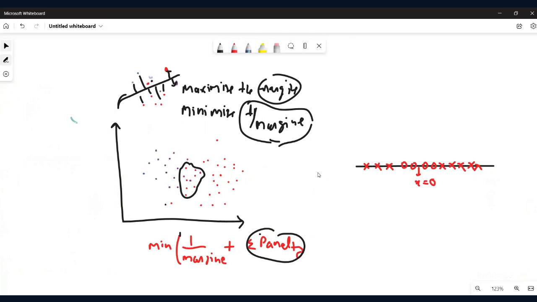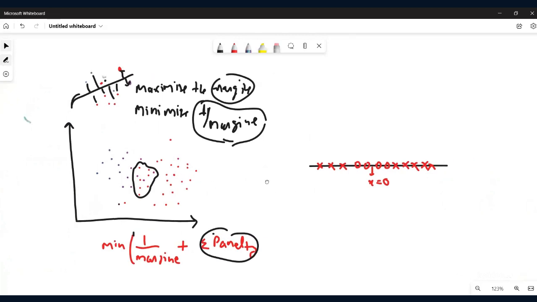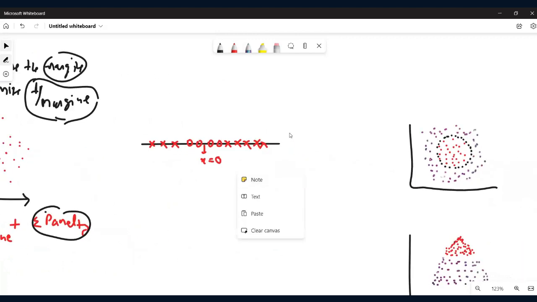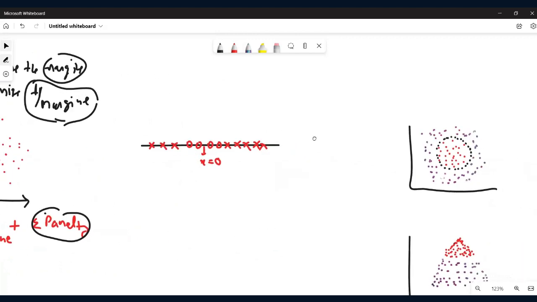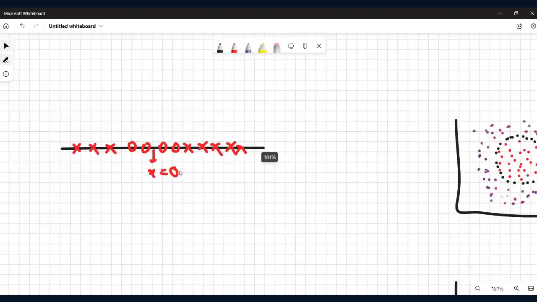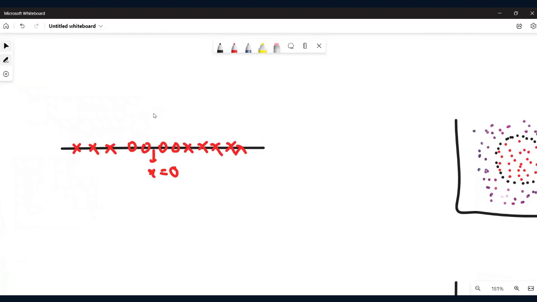Okay, अब हम और complex problem देखते हैं. So let us consider this case. Here this is a one dimension array.